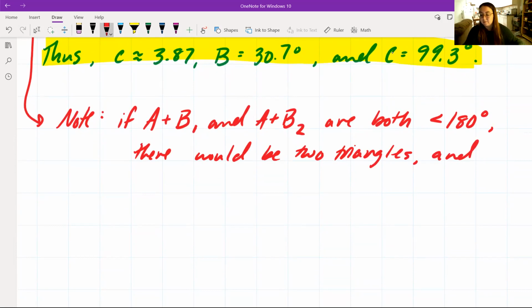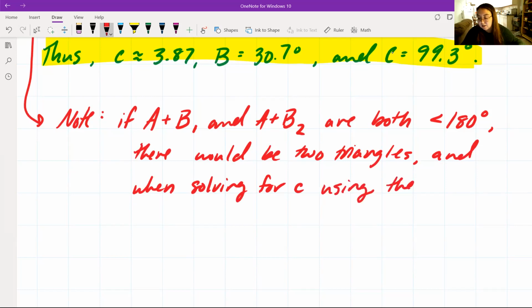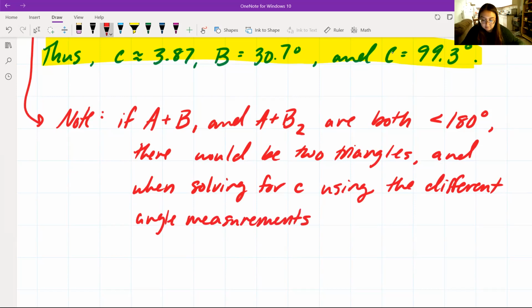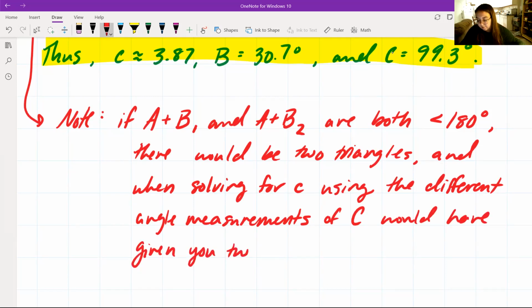Then, if there were two triangles, when solving for your length of lowercase c, using the different angle measurements of capital C would have given you two different values of lowercase c.